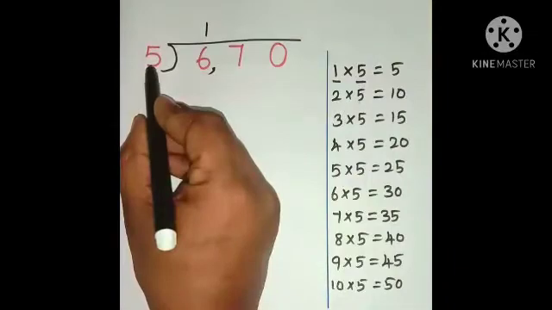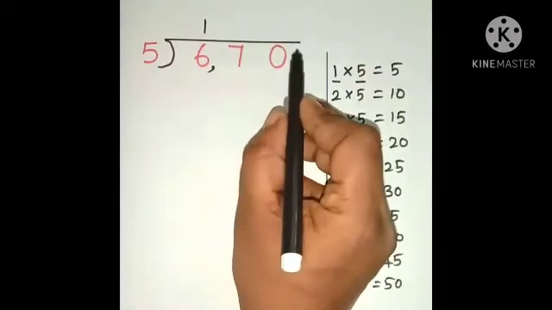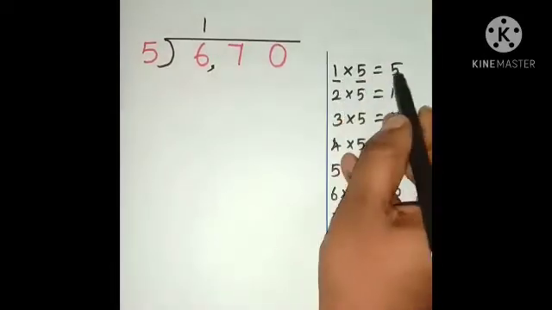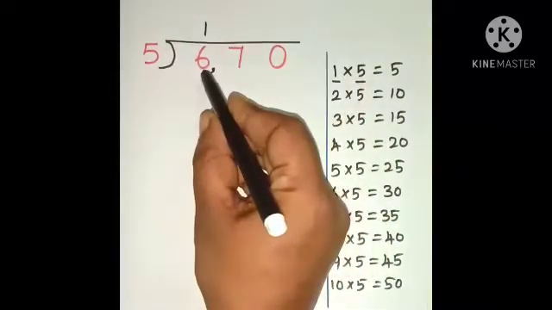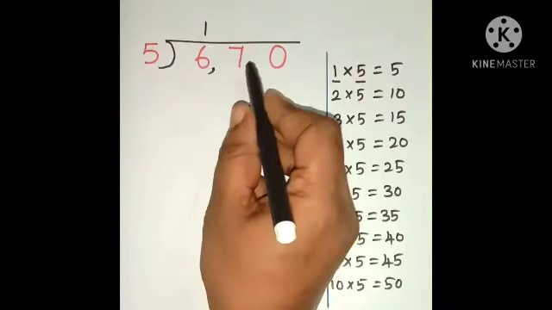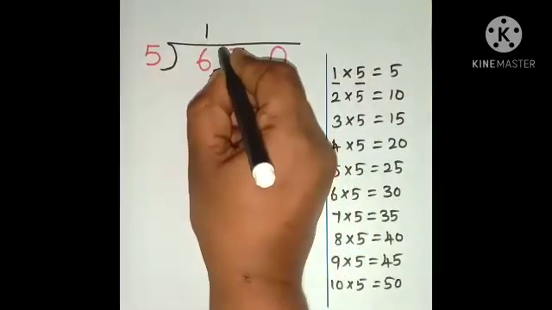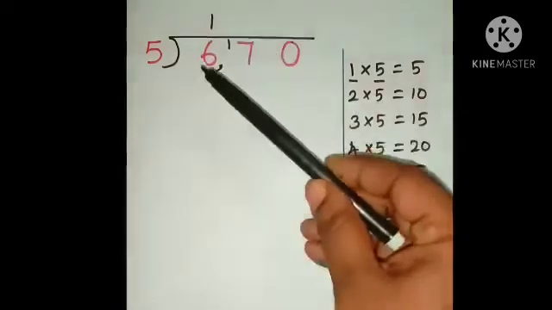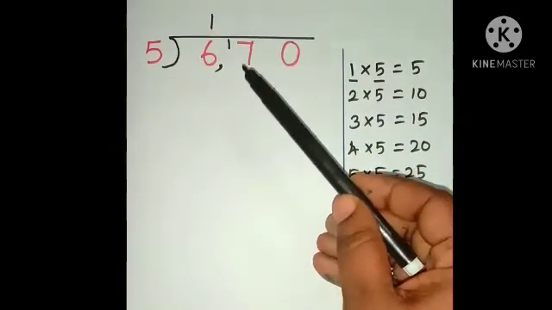5 is the divisor and the remainder is 1. That is 1 5s are 5. Here we have 6, so the remainder is 1. Write 1. We know what a superscript is: placing a small number at the top right of the given number.